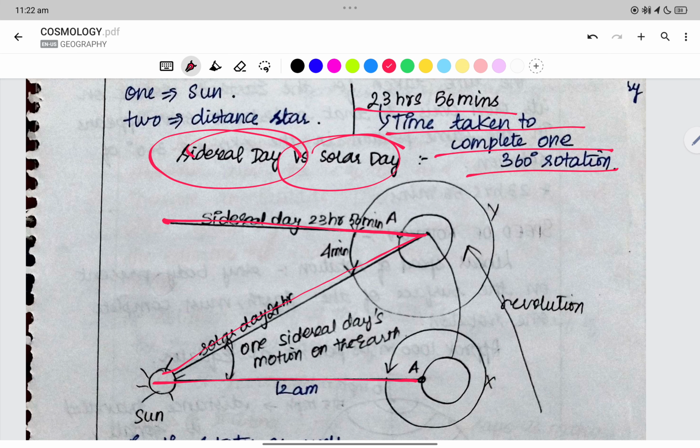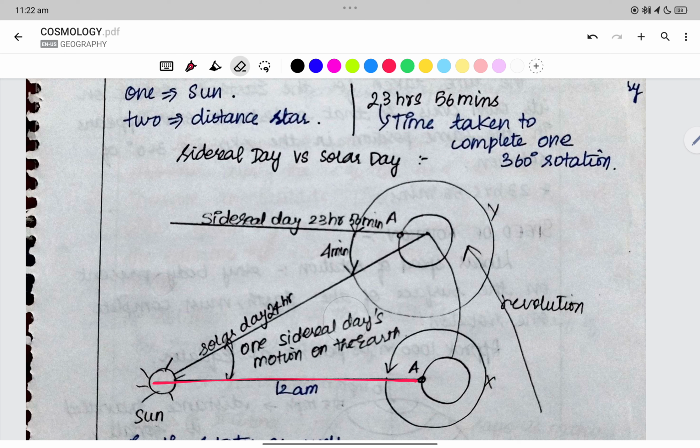Therefore this is called a sidereal day. For calculation purposes we have kept one solar day, because of rotation we have day and night, and with respect to the Sun we have day and then night. Therefore we say a solar day is 24 hours.